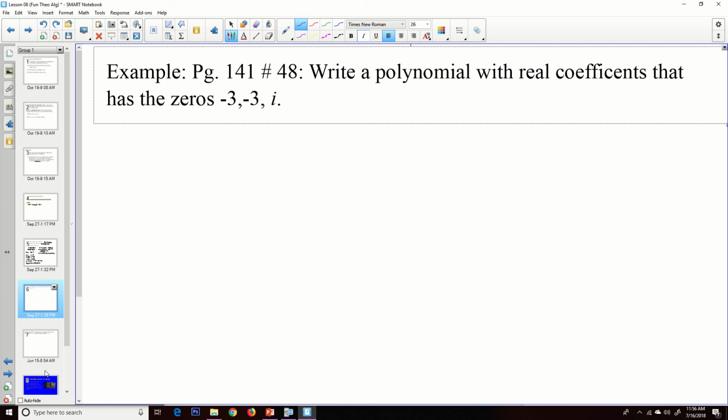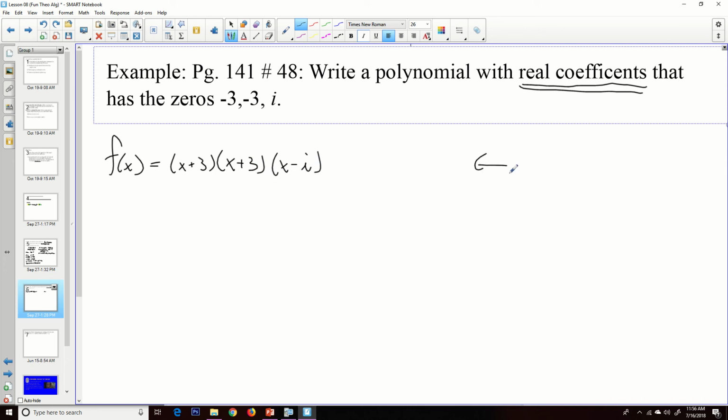It says write a polynomial with real coefficients that has zeros -3, -3, and i. And the kicker here is the real coefficients. We want to have real coefficients at the beginning, and since it has zeros, we would say that f of x is going to be equal to x plus 3, x plus 3, and then x minus i.